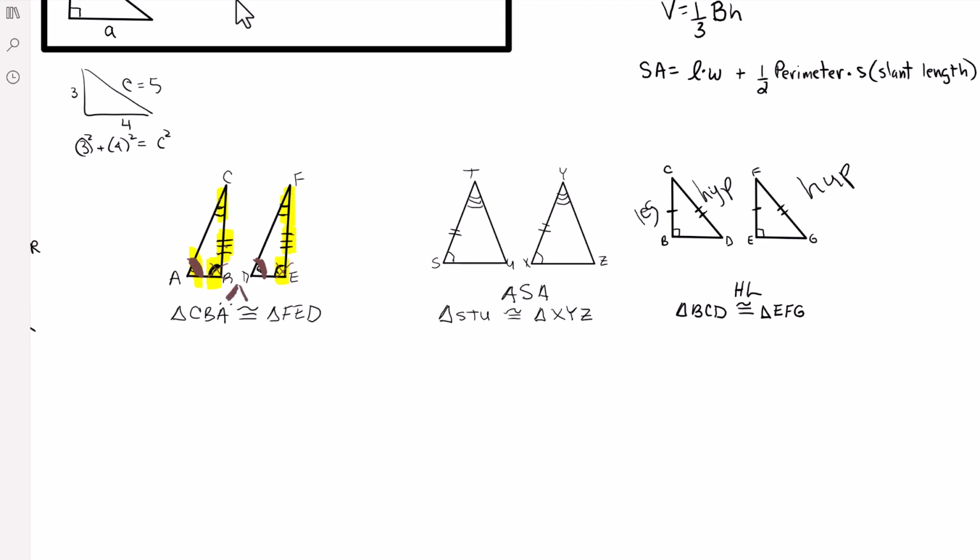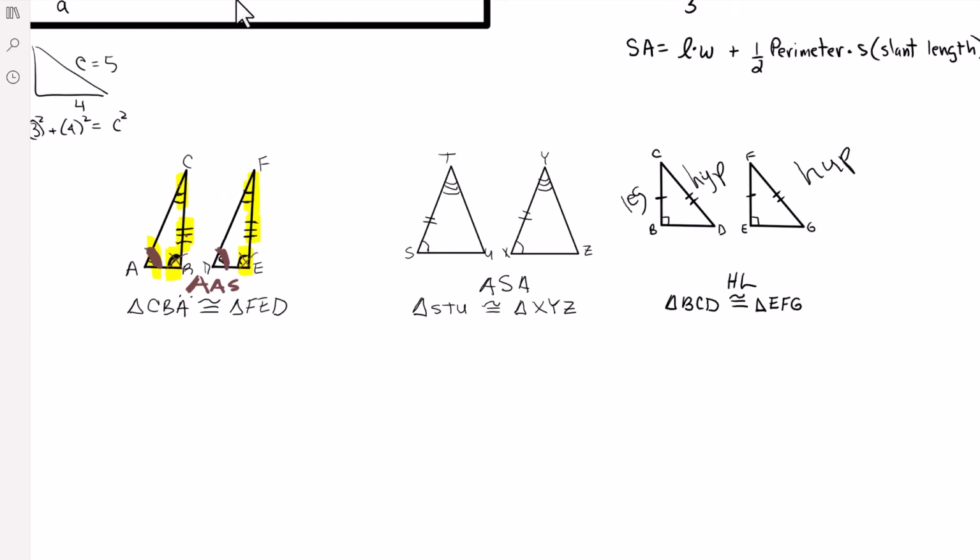I just wrote it wrong down here. So that's one of the congruency. So if you've got an angle, not this side that's between them, but then you jump to the other angle, then a side, angle, angle, side, then of corresponding triangles, then the triangles are congruent.